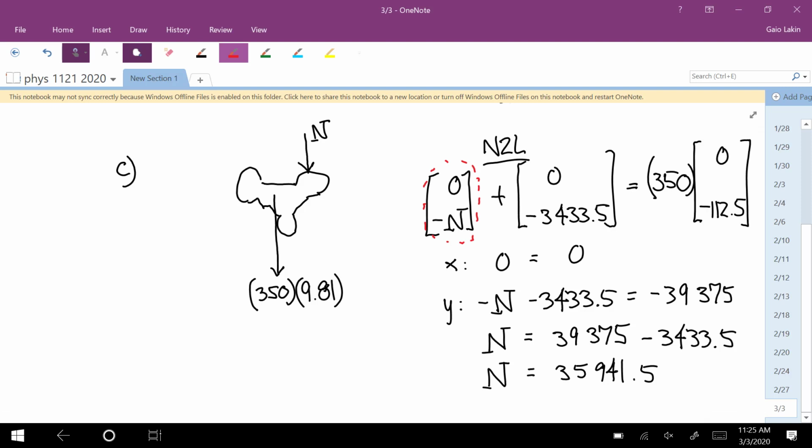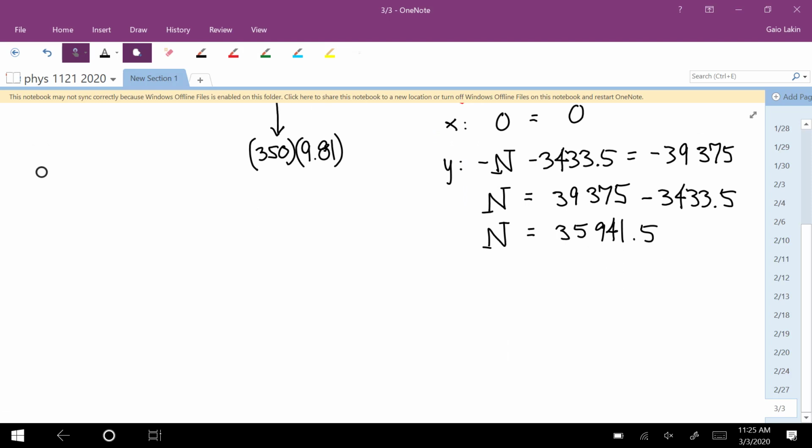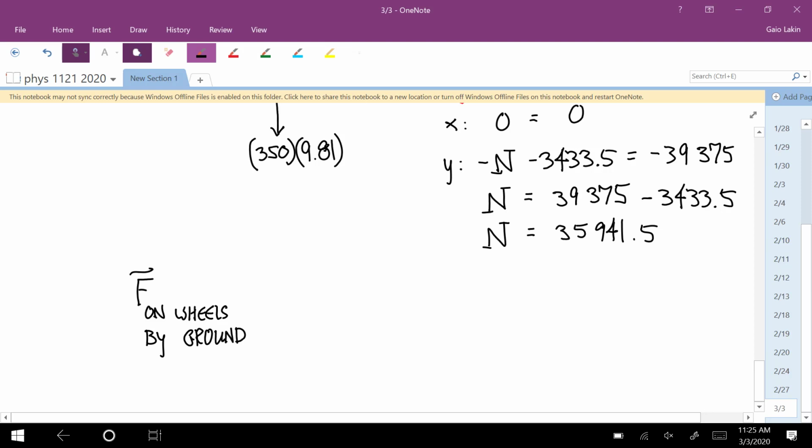So now you can take that value of N, plug it back into that vector, and what you get is the force on the wheels by the ground is equal to 0, negative N. Plug this in for N and you get 0, negative 35,941.5.